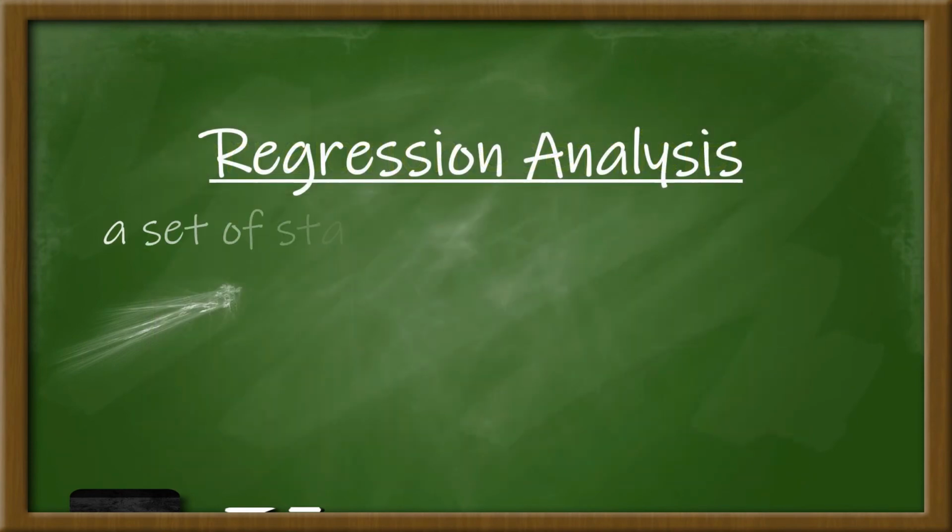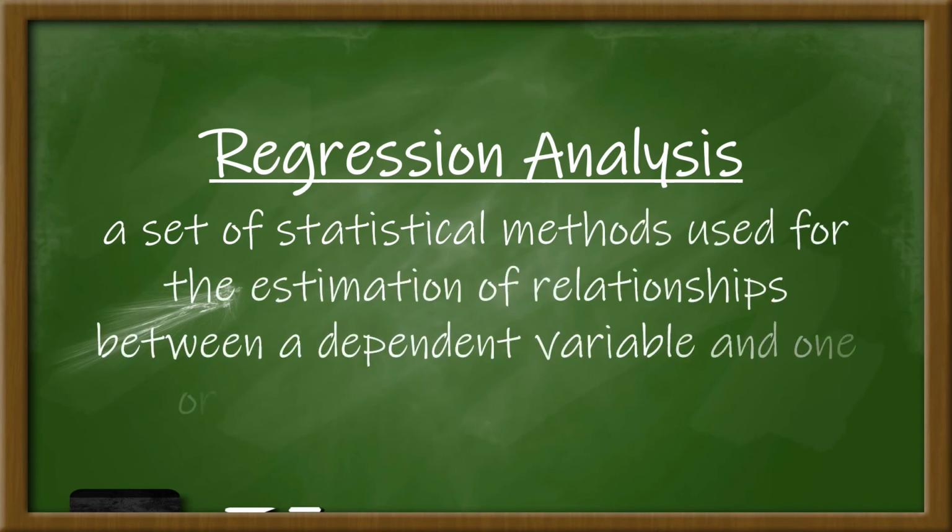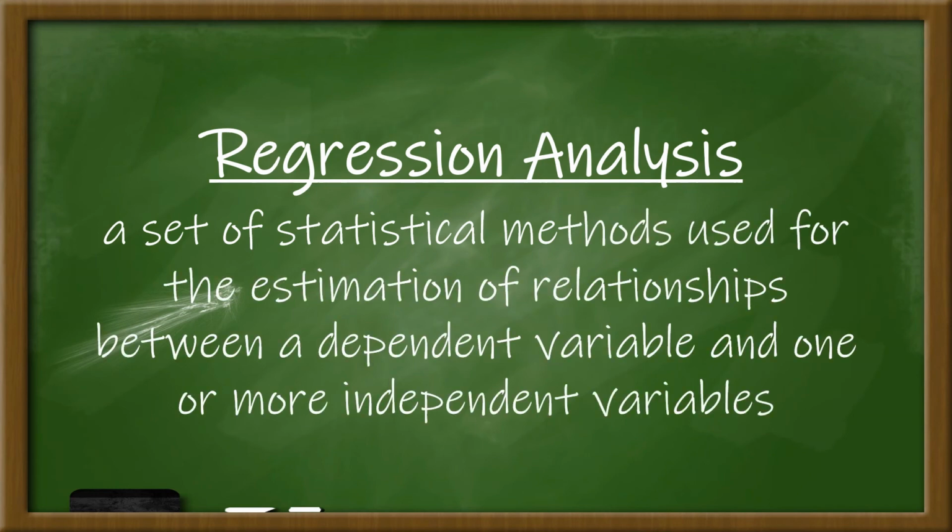The next is regression analysis. Regression analysis is a set of statistical methods used for the estimation of relationships between a dependent variable and one or more independent variables. An independent variable is an input, assumption, or driver that is changed in order to assess its impact on a dependent variable.